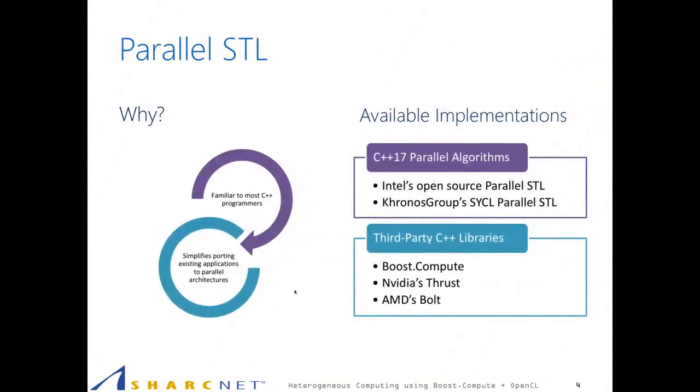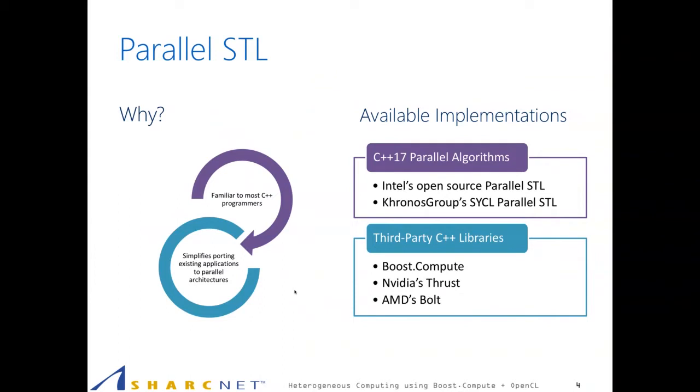One interesting fact about STL is that if there is a parallel STL, it is going to be a really good asset. Why? Because it's familiar to most C++ programmers, and having such a parallel STL actually simplifies porting existing applications to parallel architectures.